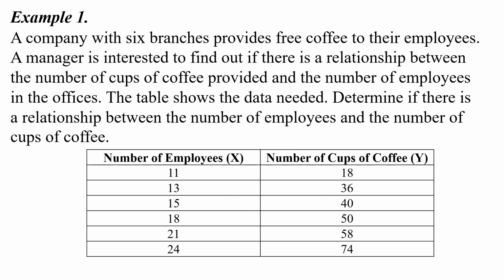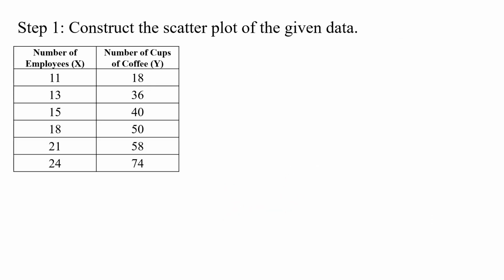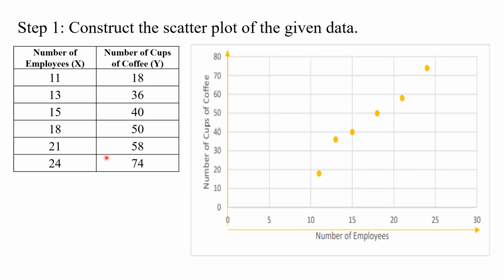Okay, so yung first step is to construct the scatter plot using the given data. Okay, so sinulat ko na dyan yung given data. I'm sure na alam nyo na kung paano mag-plot ng points sa ating Cartesian plane. Okay? So, kapag pinlot natin yung given data, ganito yung magiging itsura.